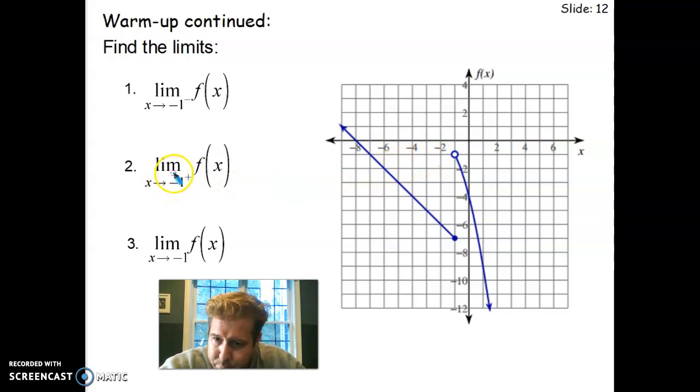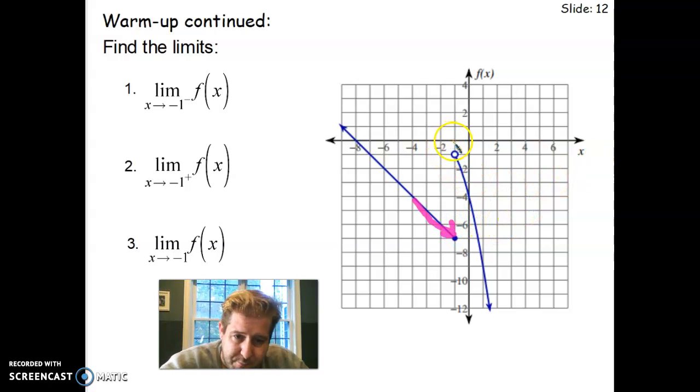So if I'm approaching negative 1, which is this domain, it's not continuous at this point. If I'm approaching from the left-hand side, like the first question's asking, then it's going to be approaching a height of negative 7. But if I am approaching negative 1 from the right-hand side, now this is not an answer, but that's the number that it's getting closer and closer to, and that is what a limit is.